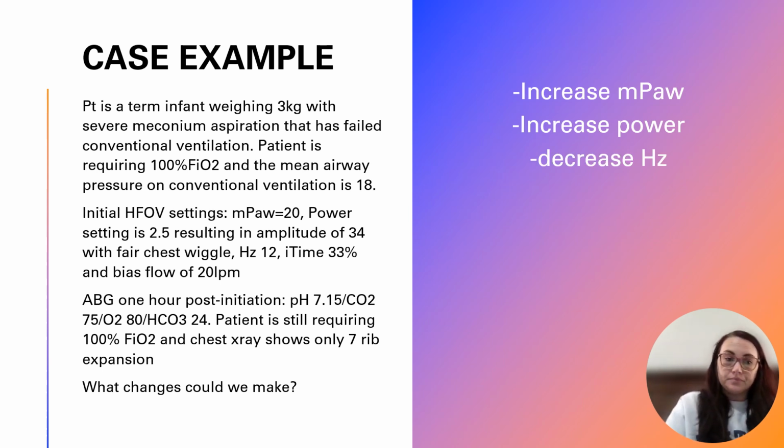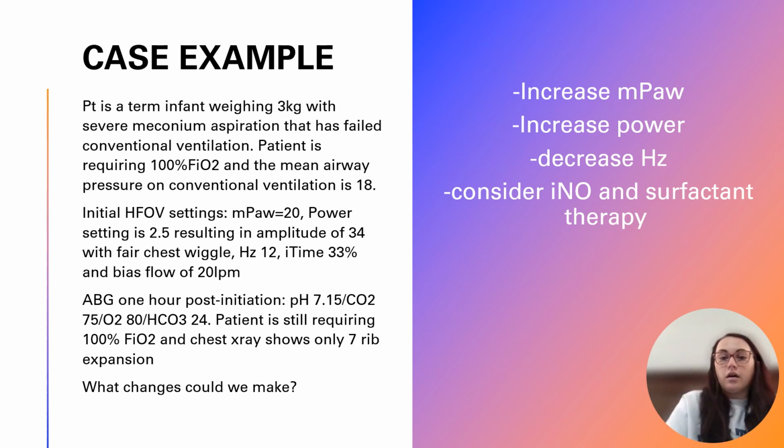Drop your hertz, they're still needing more ventilatory support. And then remember, your hertz can be your backdoor to help oxygenation as well. Drop your hertz, see if you can oxygenate a little bit better. And then last but not least, consider nitric oxide and surfactant therapy. So you've got a bad meconium aspiration. What are the other things we use? Nitric oxide and surfactant.